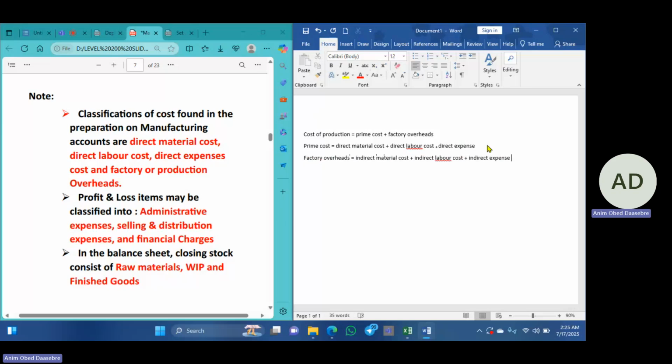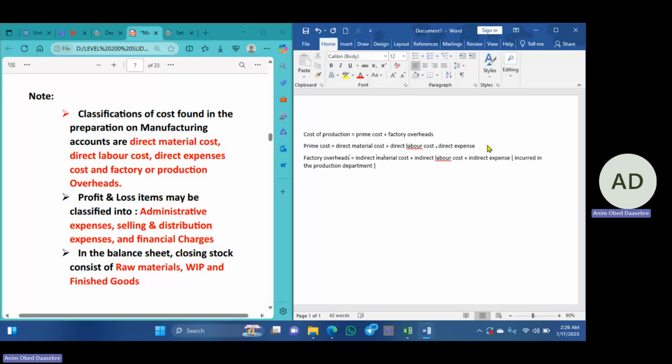So all indirect expenses incurred in the production department. Here, in the production department.